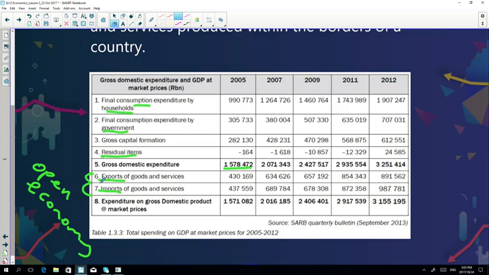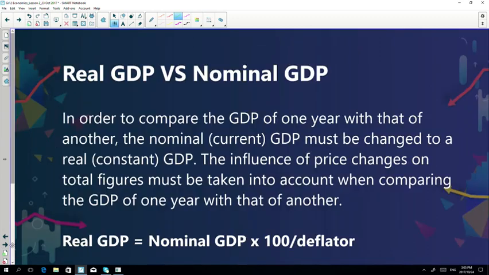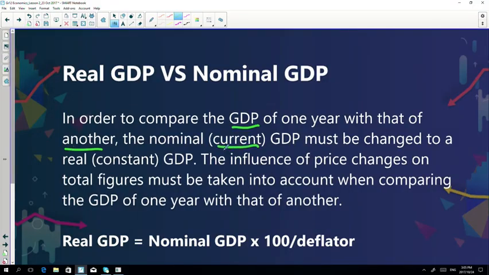Okay, so that's that. And then the whole concept of real GDP versus nominal GDP. In order to compare the GDP of one year with that of another year, the nominal, which is the current GDP, must be changed to real or constant GDP. The influence of price changes on the total figures must be taken into account when comparing the GDP of one year with that of another.